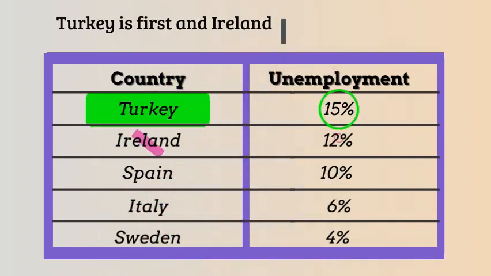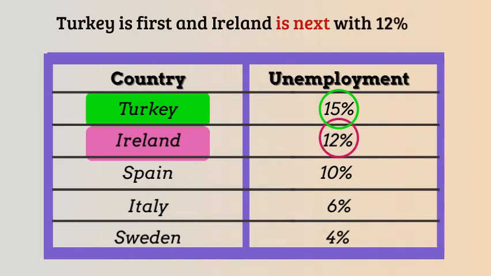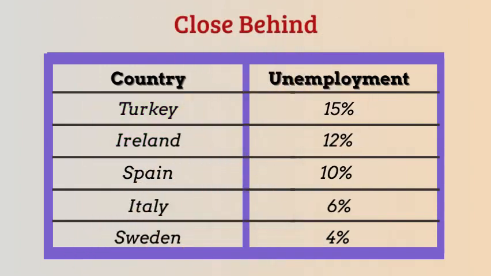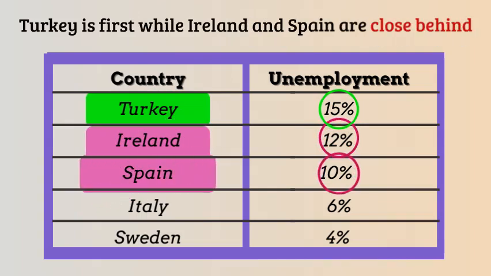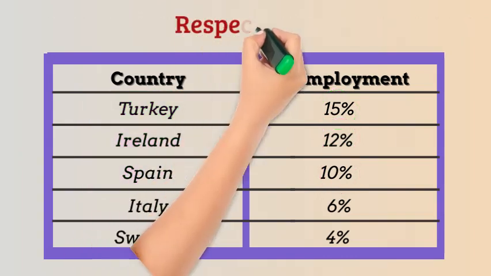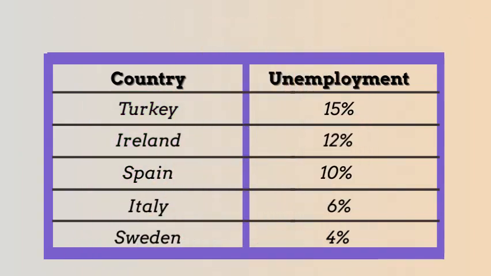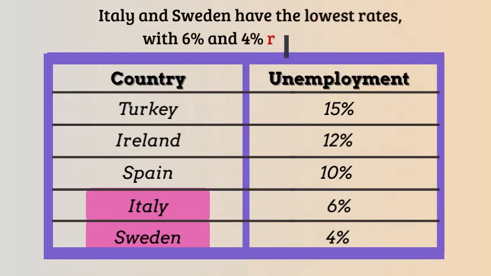Turkey is first and Ireland is next with 12%. Close behind. Turkey is first while Ireland and Spain are close behind. Respectively. Italy and Sweden have the lowest rates, with 6% and 4% respectively.